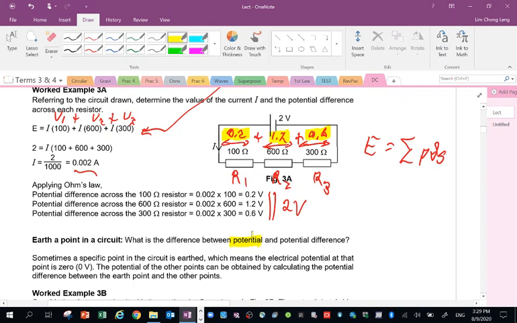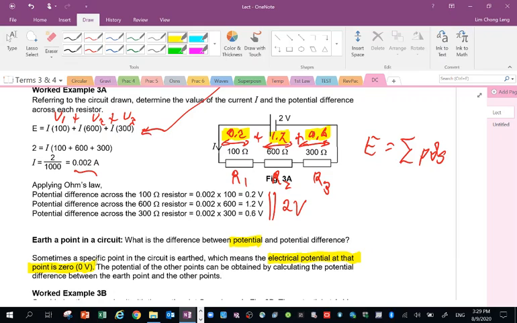The concept of potential arises when I earth a certain point in the circuit. What do I mean by earthing a certain point? It means I connect that point to earth, and therefore that point has 0 volt potential. You assign 0 volt potential to that earth point.